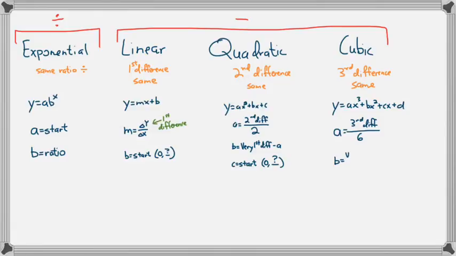It's your first of the second differences minus your third difference divided by 2. And remember, this number right here is a very specific number.